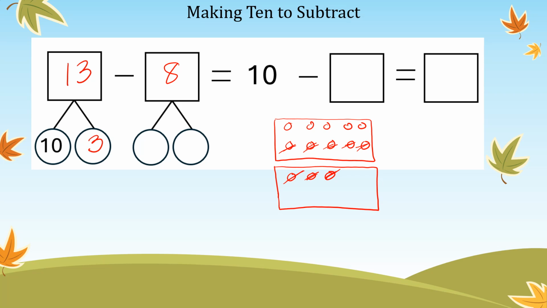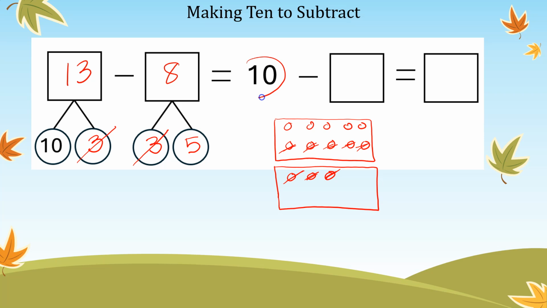Okay, now if we were to bring the difference down to 10 to make 10 to subtract, then we have to subtract 3. That means we're going to have to break 8 into 3 and something else, and that something else is 5. Okay, so now we can say we will take 3 away from that 3 right there.